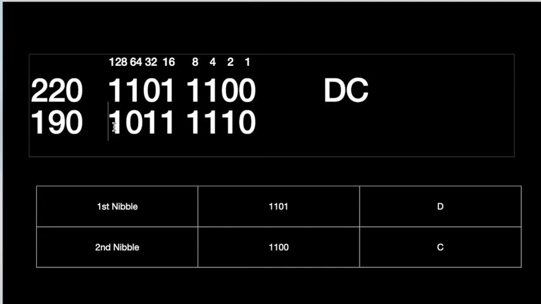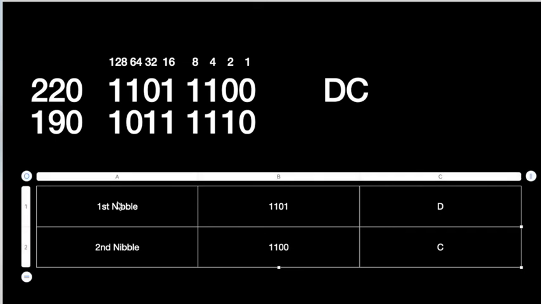How does it come out? 1011, we know our chart, it comes out to be 176, plus 8 4 2, that is 14. So 176 plus 14, that's 190. Now let's distribute that. Our first nibble is 1011, and the second nibble is 1110.